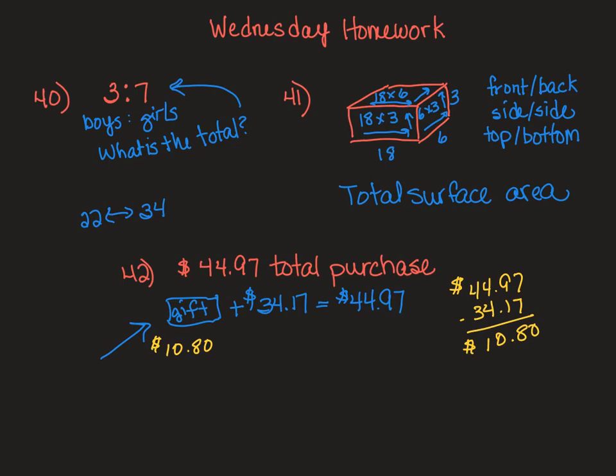Now they want to know what percent of 44.97 was $10.80. So I'm thinking, okay, I can think about this in two ways. I can say, 44.97 times some percent is going to be equal to 10.80, right? So some percent of 44.97 would equal 10.80.